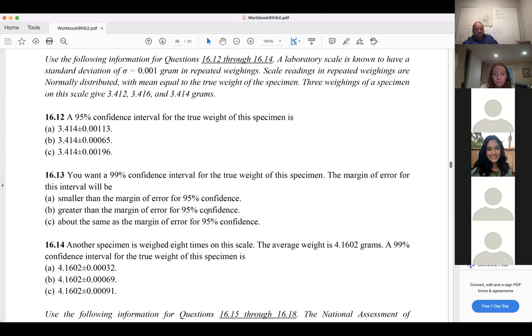I'm going to give you 10 seconds to think about it. And then when I say go, you're going to say either A, B, or C. So 1, 2, 3, go.